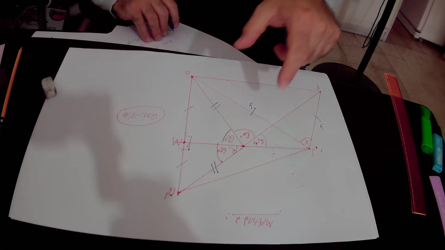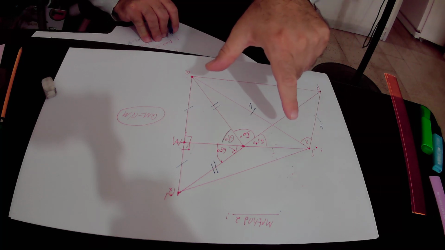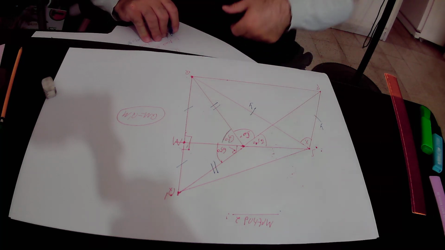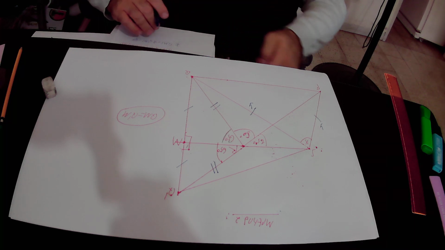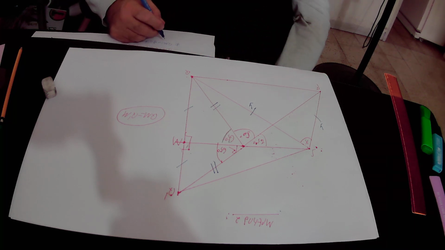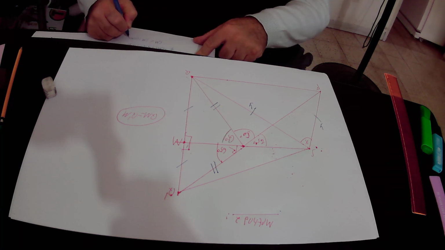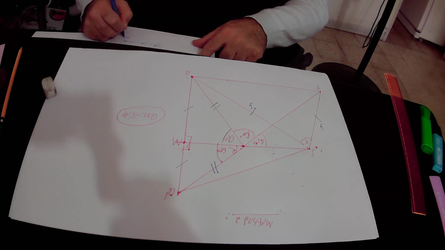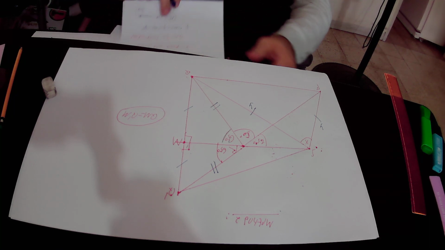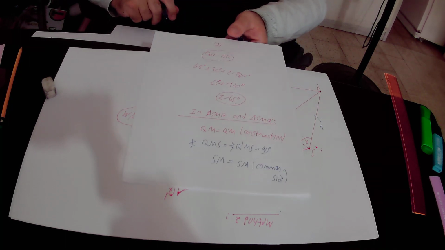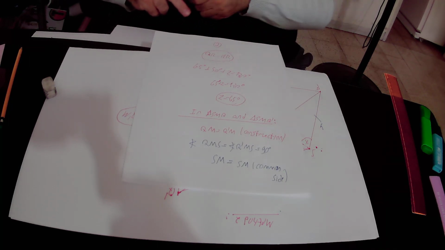And we have a common side, SM equals SM. It is a common side, it belongs to both triangles.